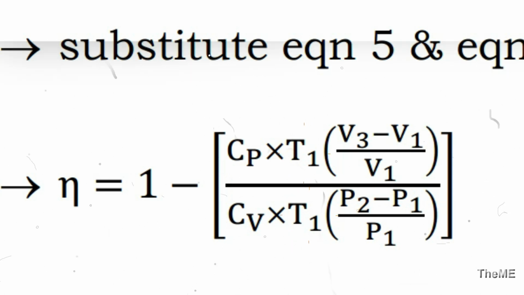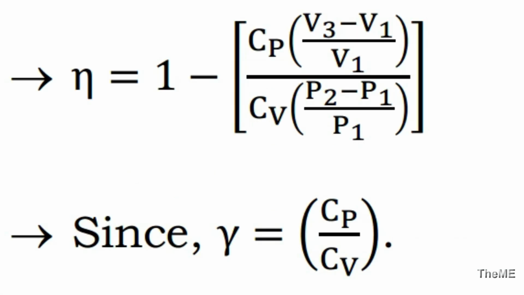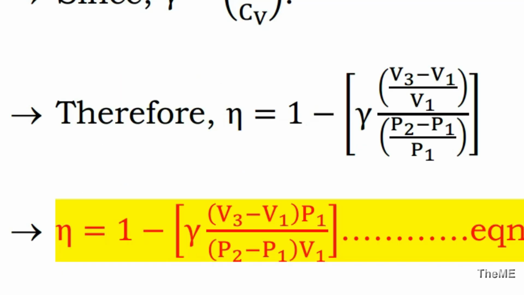So the next step will be eta is equal to 1 minus Cp into V3 minus V1 divided by V1 whole divided by Cv into P2 minus P1 divided by P1. We know that Cp by Cv is gamma. Therefore, in this RHS we can rewrite Cp by Cv as gamma. So the next step will be eta is equal to 1 minus gamma into V3 minus V1 divided by V1 whole divided by P2 minus P1 divided by P1.